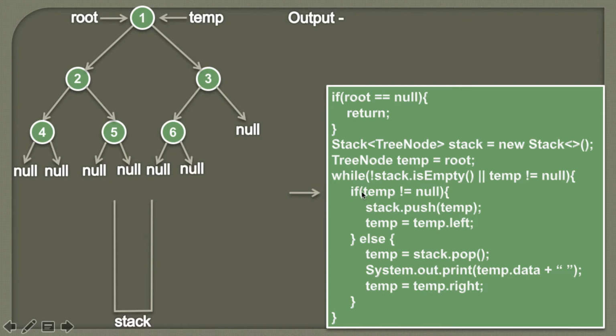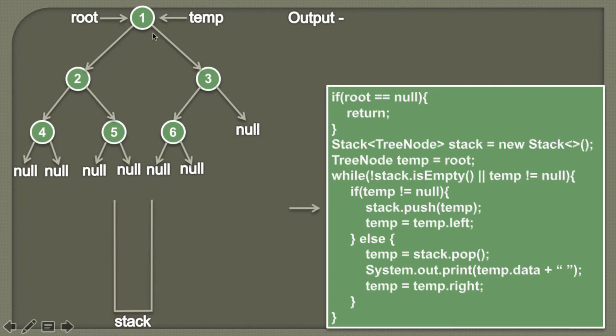In the while loop we encounter an if else block. In the if block we check whether temp is equal to null or not. Currently temp is pointing to the node 1, therefore it's not null, so the condition in the if block comes out to be true. In the if block the first step is to push the temporary node on the stack.